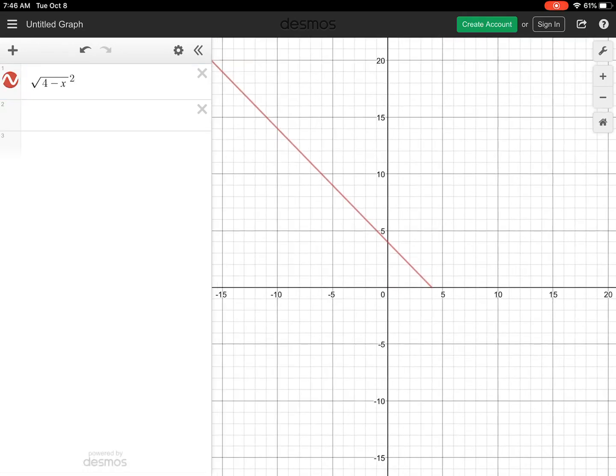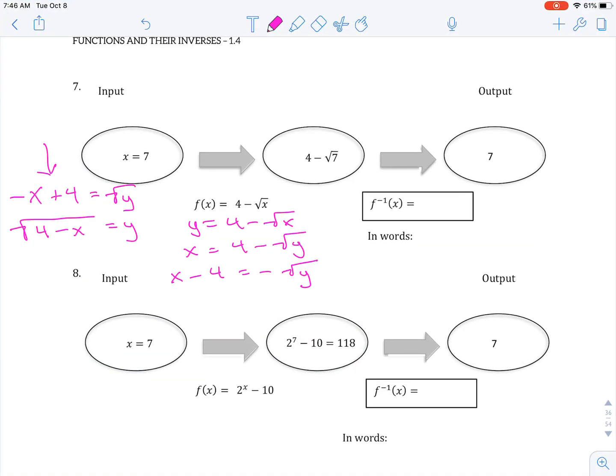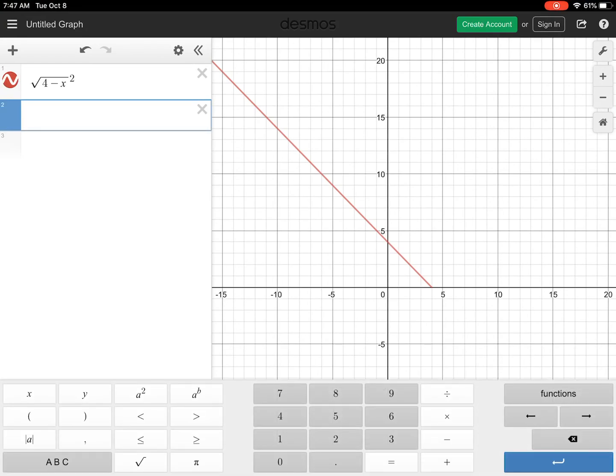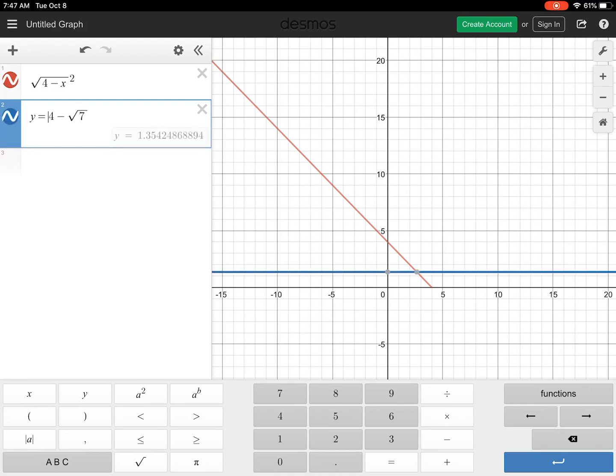So squared. Okay, so linear. Now I'm going to do the original function, which was what? The original function was 4 minus the square root of 7. Why is it not graphing that? Okay, y equals 4 minus the square root of 7.